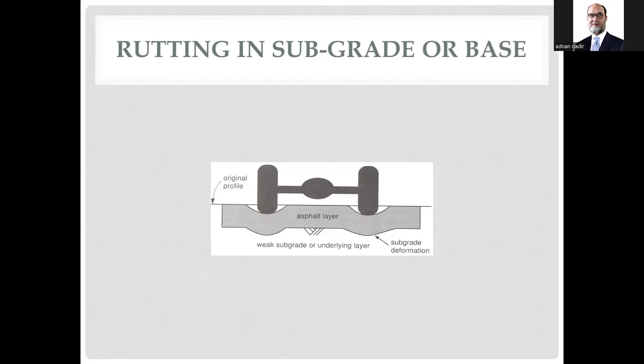Knowing rutting and the cause of rutting is not an easy job. But normally, with experience as well, which is very necessary in knowing these things, you can always dig a trench or pit 1 meter by 1 meter, stand inside it and see which layer has failed and which layer has not failed. You will see for yourself.